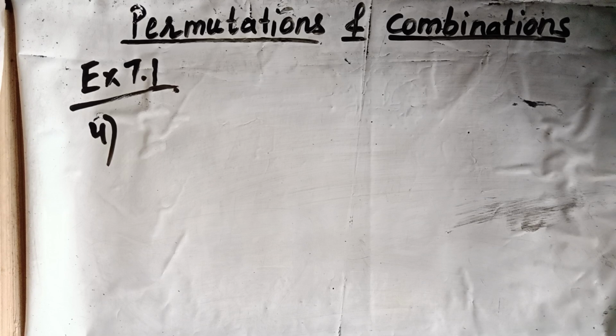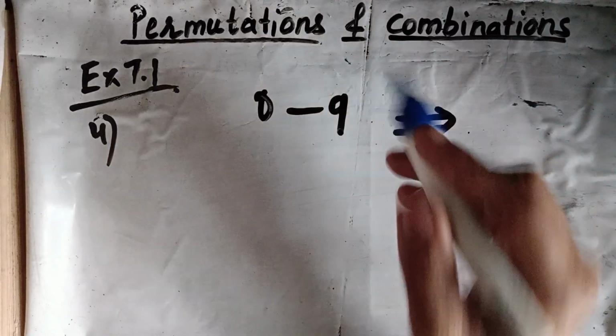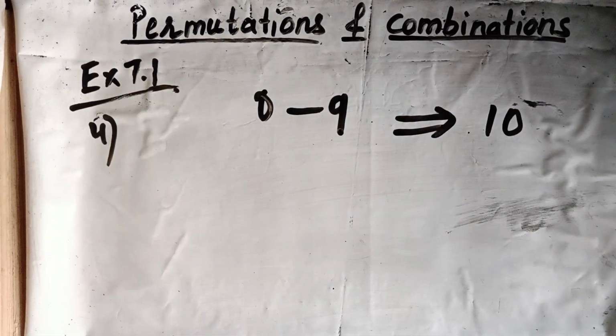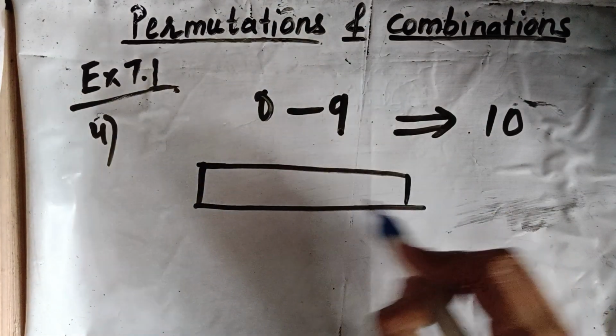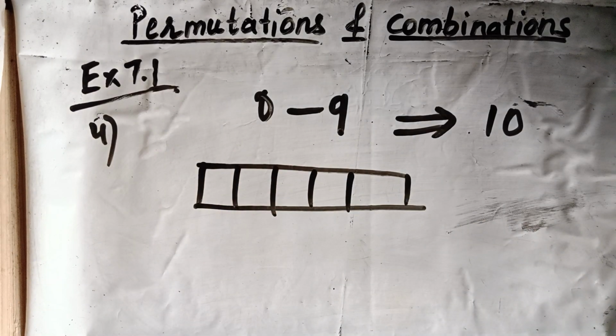How many 5-digit telephone numbers can be constructed using the digits 0 to 9 if each number starts with 67 and no digit appears more than once? 0 to 9 digits are given. If you count, you will get 10 numbers. Now 5-digit telephone numbers, and it starts with 6 and 7, so these are fixed.